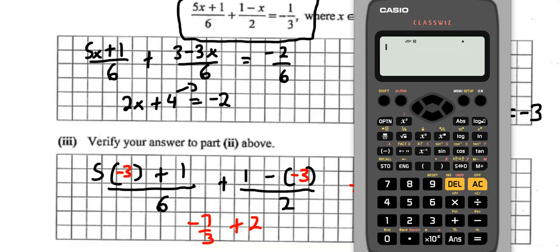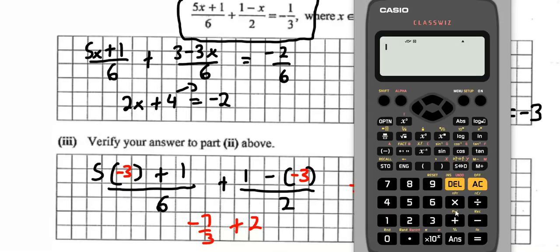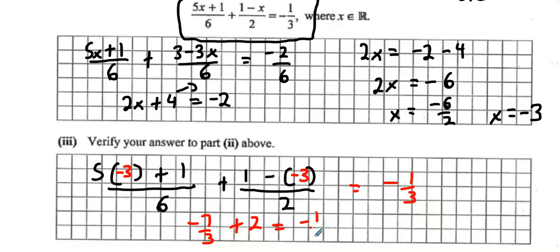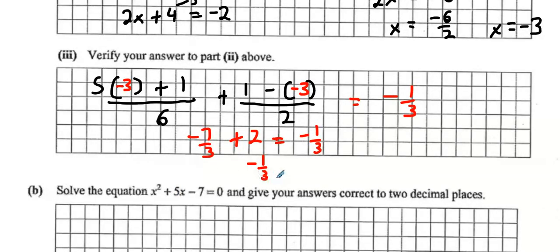And then minus 7 over 3 plus 2 equals minus 1/3. Is that all right? Cool. So you know that equals minus 1/3. Just put minus 1/3 equals minus 1/3.